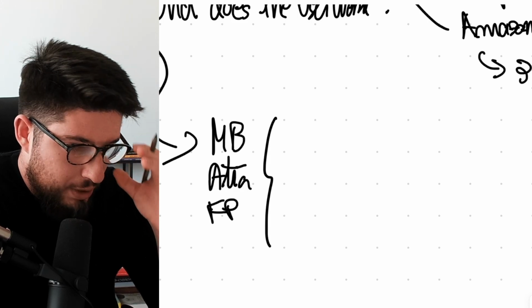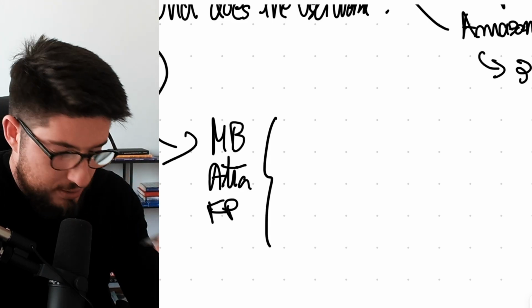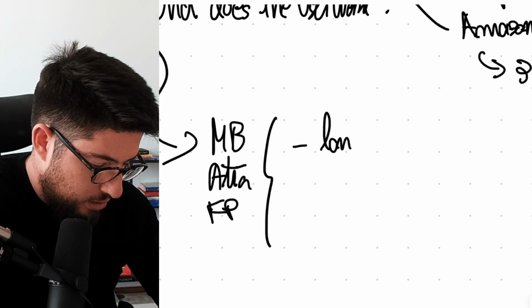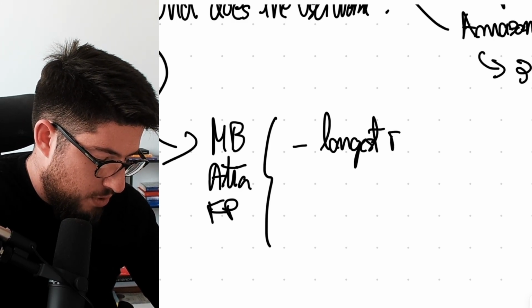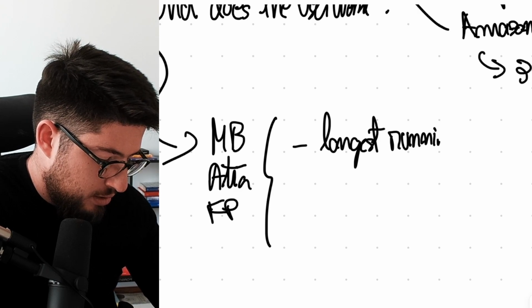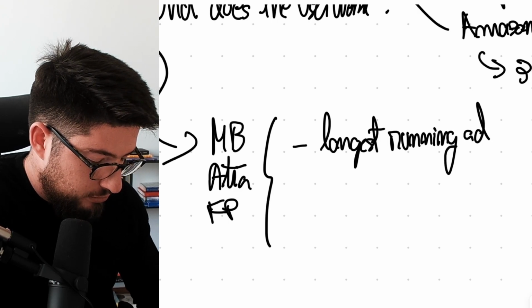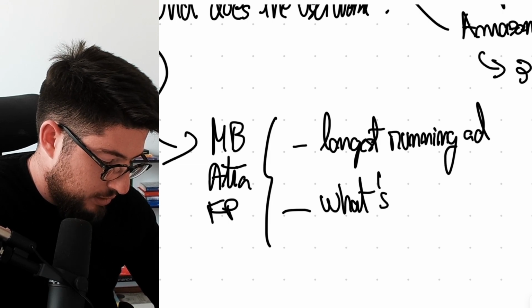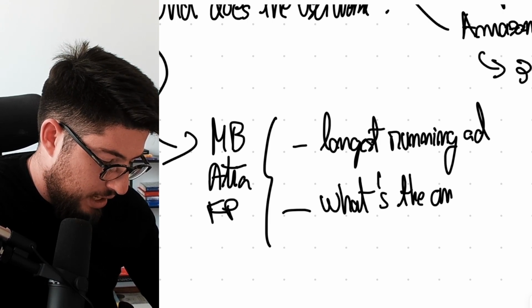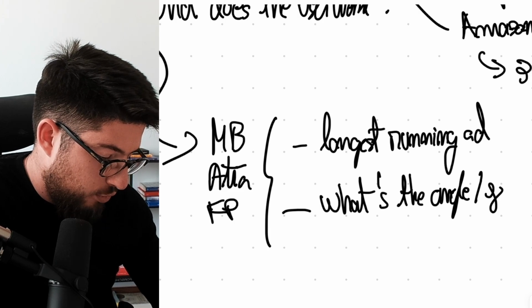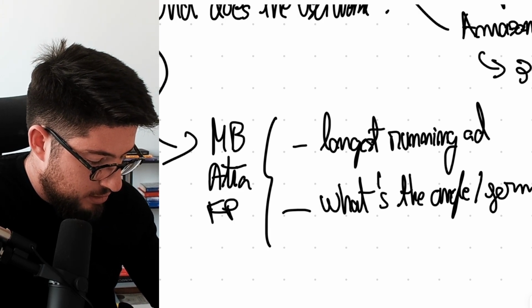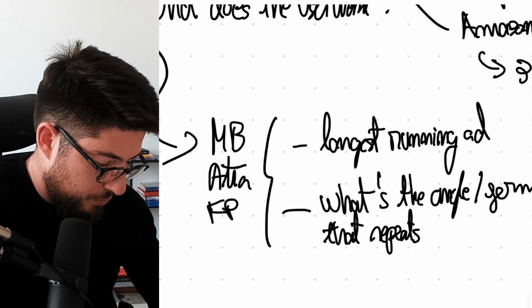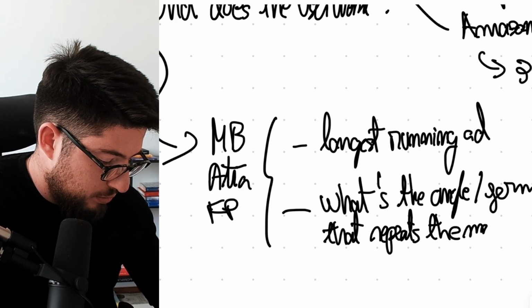You want to get 2 things from each competitor: the longest running ad, and the end goal or format that repeats the most.